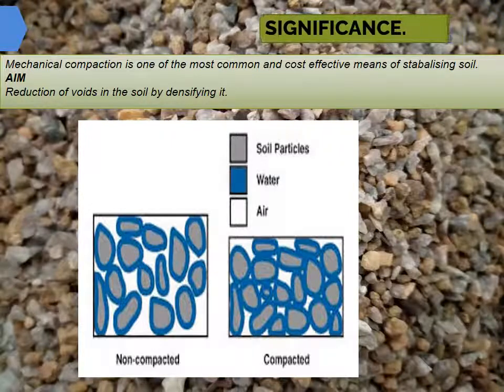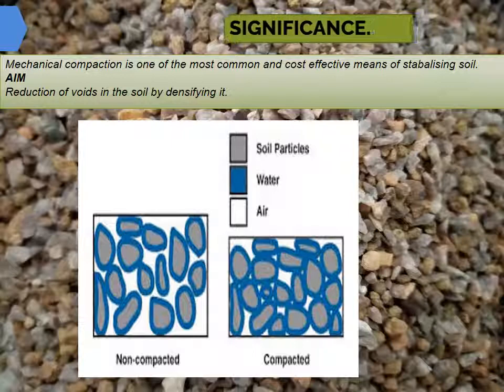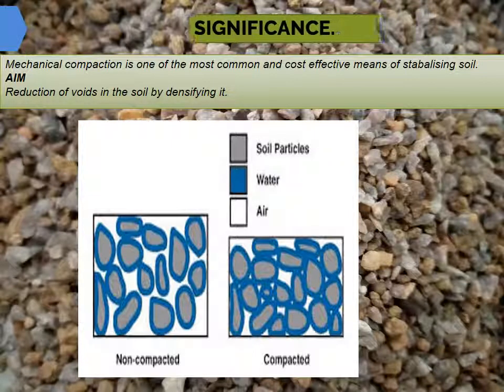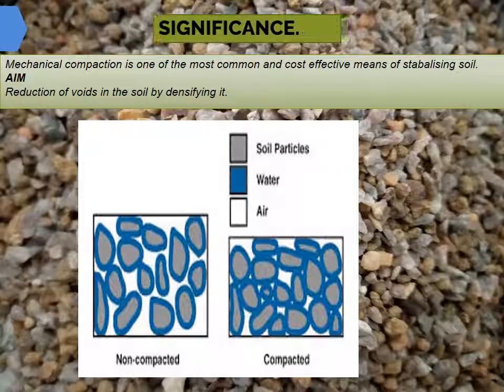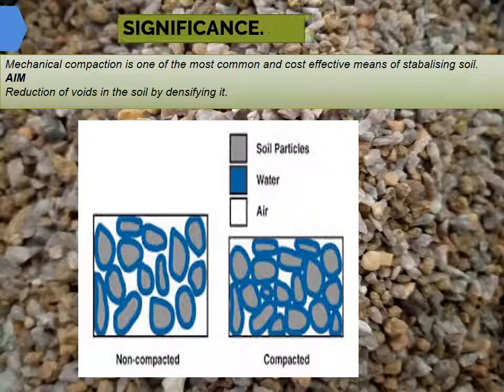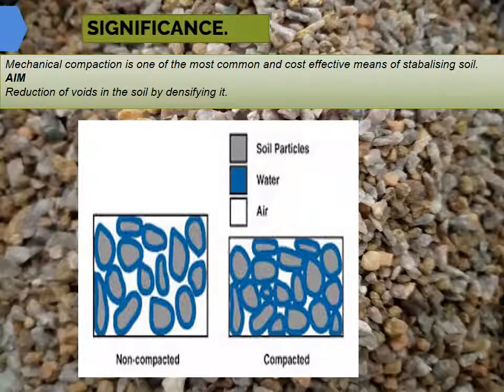The design specification usually states the required density as a percentage of the maximum dry density measured in a standard laboratory test. In general, most engineering properties such as strength, stiffness, resistance to shrinkage, and imperviousness of the soil will improve by increasing the soil density. So that's one of the major aims of why we need to compact our soil, to improve its properties.